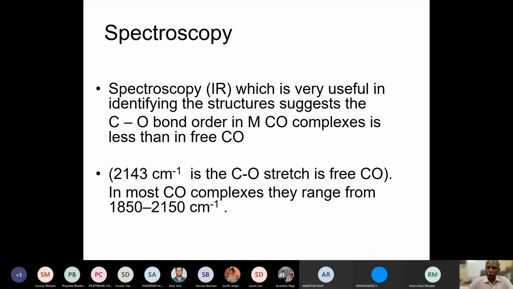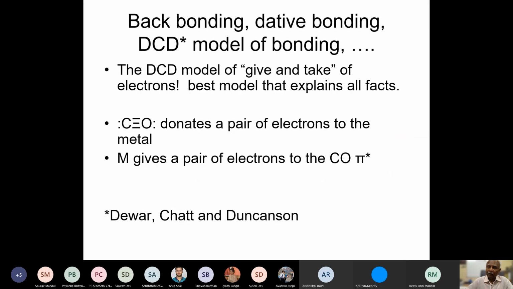So infrared spectroscopy is explained, and we are also able to explain the fact that there is a give and take of electrons, which results in a neutral metal atom giving a pair of electrons into the pi star of CO. This is also the reason why you have a sigma bond and a pi bond, and the two are flowing in opposite directions.